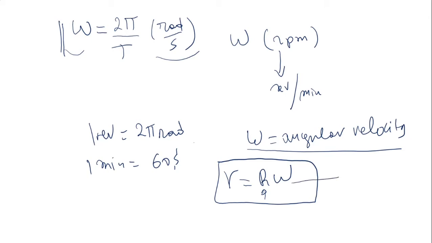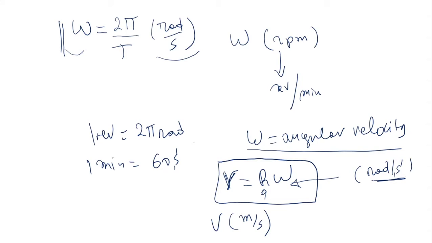And you must bring omega to radians per second in order to get meters per second. The linear velocity v is in meters per second. So in order to get meters per second, you have to make sure omega is in radians per second. When you multiply meters times radians per second, it gives you meters per second.